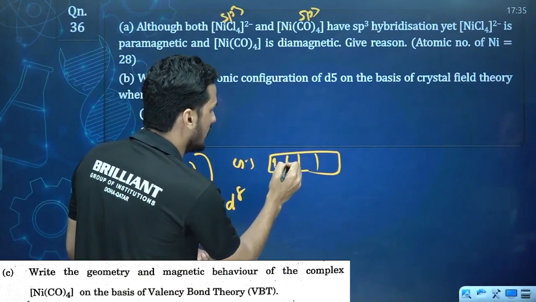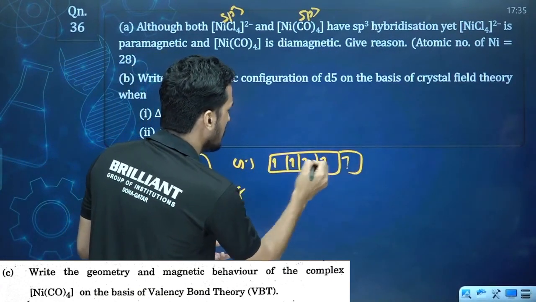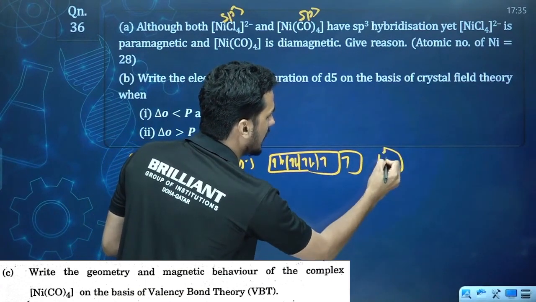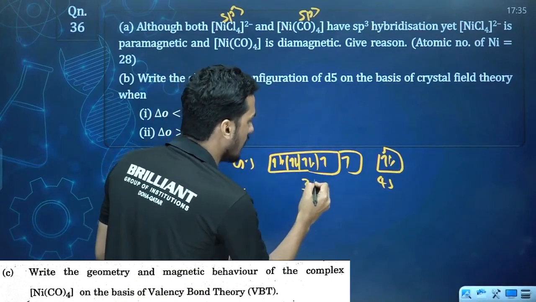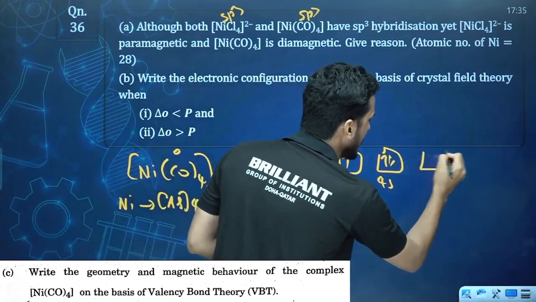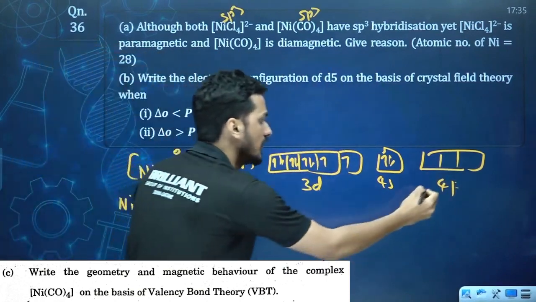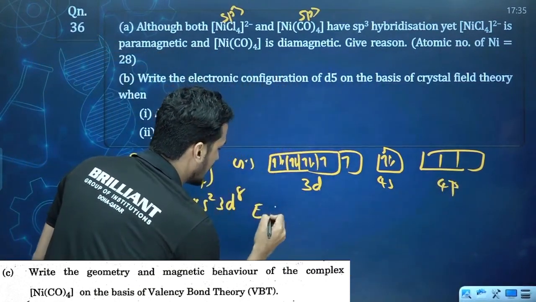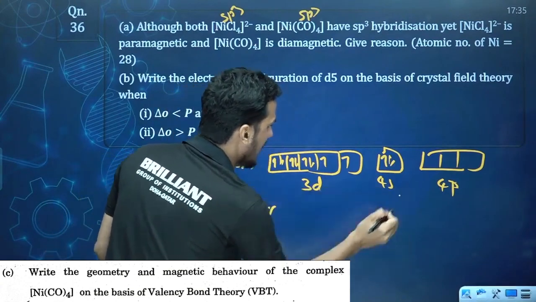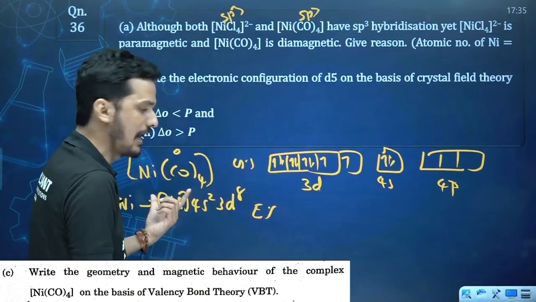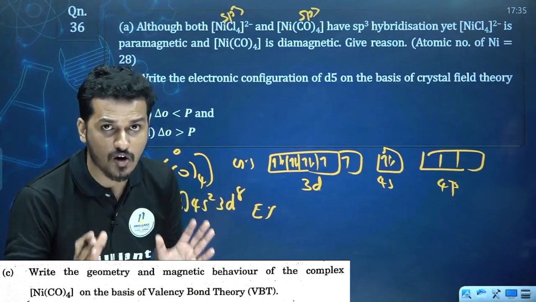Ground state: 1, 2, 3, 4, 5, 6, 7, 8, and here 4s also contains 2 electrons. Here there is a very important thing you have to remember, guys. Here 4p is there. Then what about the case of the excited state? Don't forget, excited state means whenever carbon monoxide is coming to donate an electron pair to nickel. Carbon monoxide is a strong ligand.